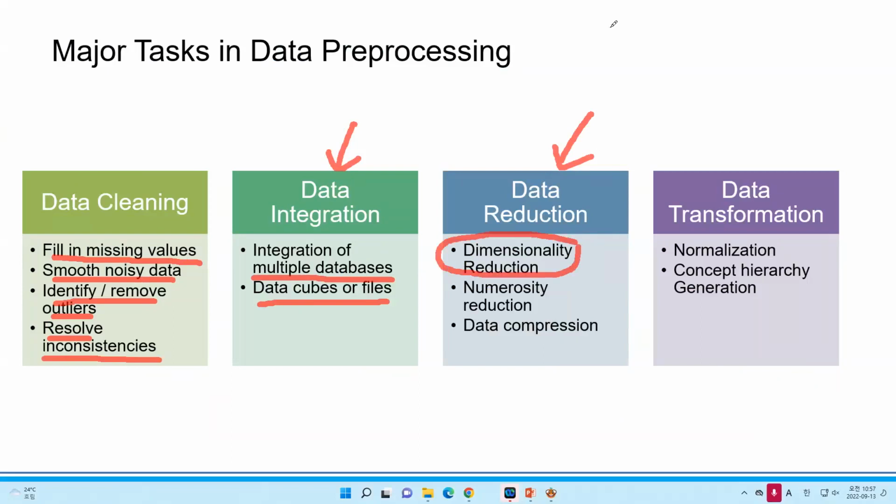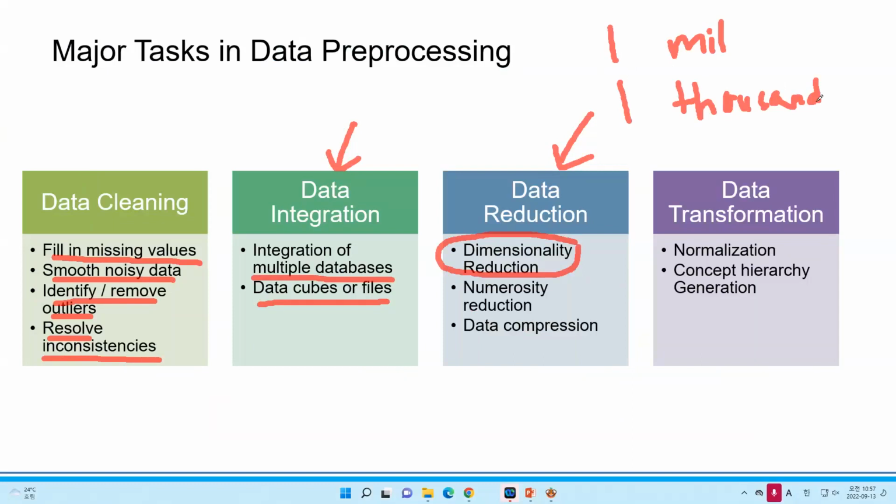Let's say I have 1 million data and I have 1,000 data. If the result of the 1 million data is the same as the 1,000 data, should I use the 1 million data?